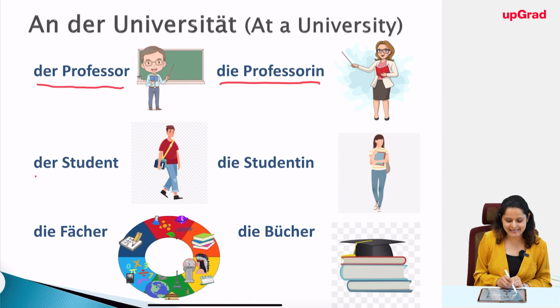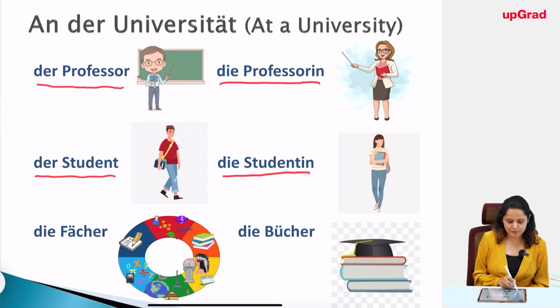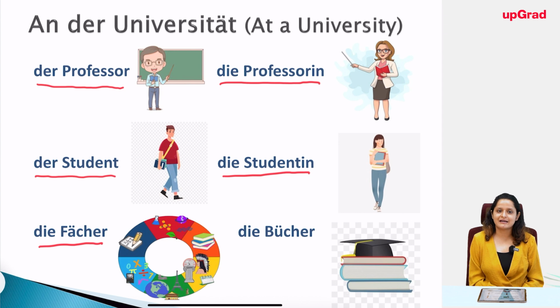Similarly, der Student, die Studentin. That means if you are a student, a guy, then der Student. If you are a student and a girl, then die Studentin. Then we come to the word die Fächer. Fächer are subjects.